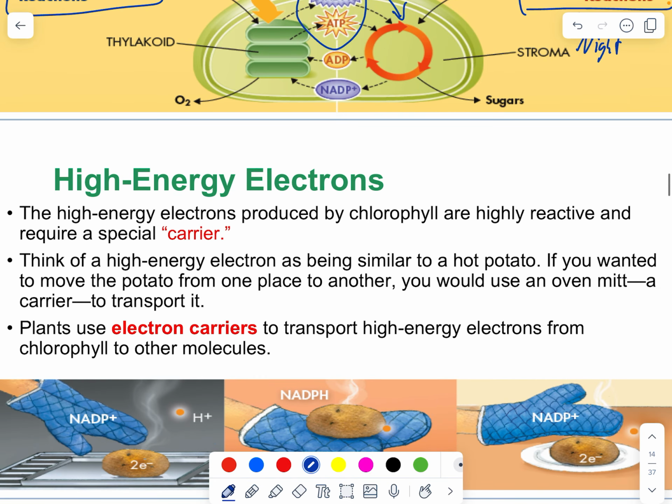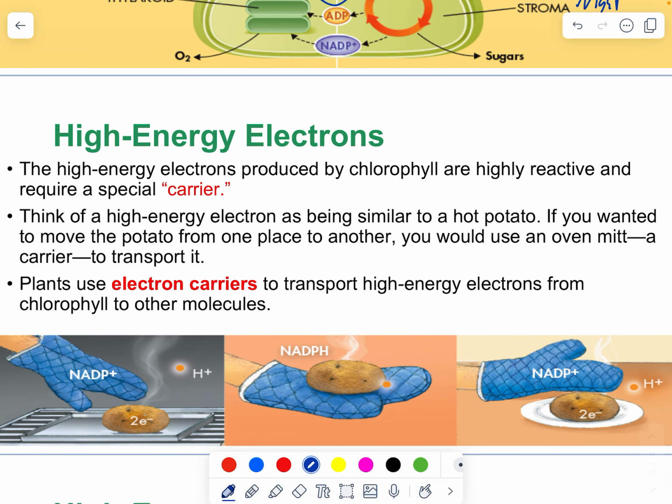Okay, so high energy electrons can be used to do work, okay? And so the analogy from another book that I had could be summarized as a hot potato. I don't know if it's the best analogy, but it's basically saying we need a carrier. So these are called carriers.